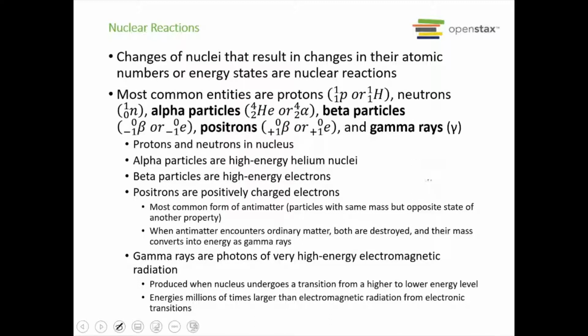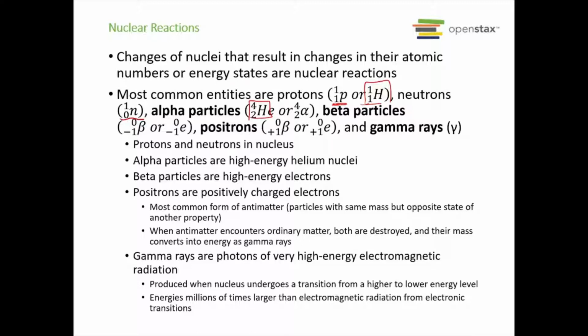Protons are written either as 1 1 p or 1 1 H. The 1 1 H is probably more common because it's saying it's a hydrogen atom just without an electron. Neutrons are written as 1 0 n. Alpha particles can either be 4 2 helium or 4 2 alpha, but the helium is more common.